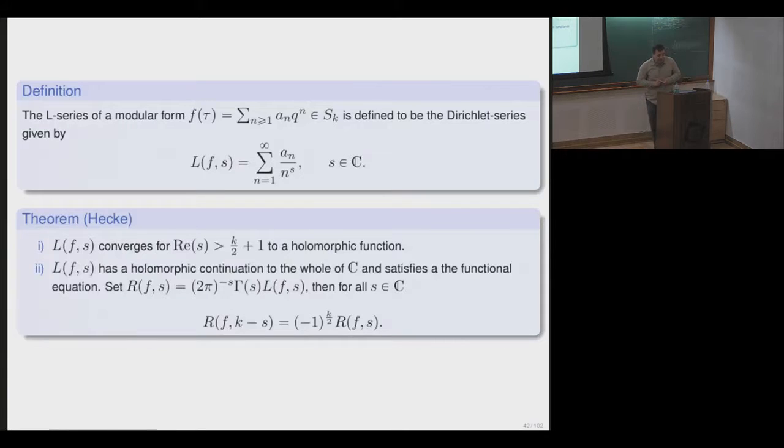Okay, let's come back to this L-series. If you have a sequence, then you can make an L-series just by dividing the nth object of your sequence by n to the s, where s is some complex number, and then you sum this up.